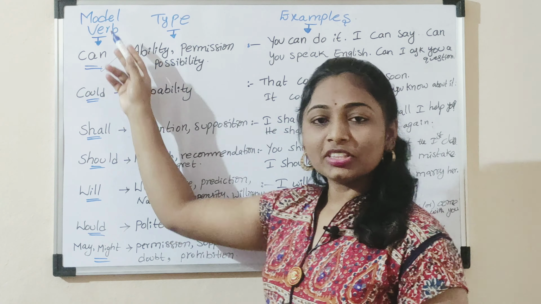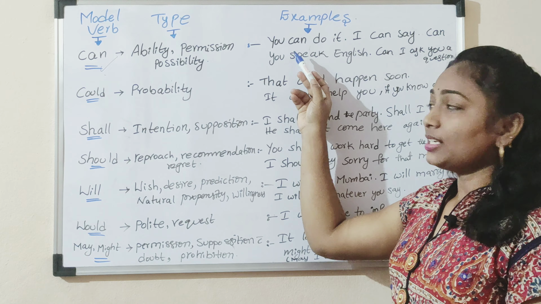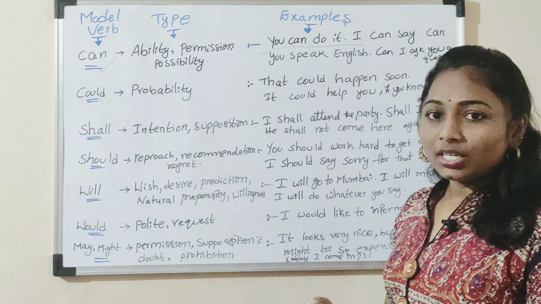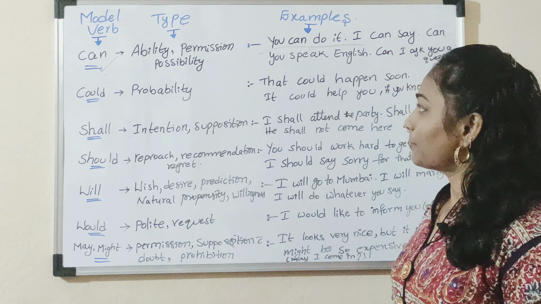Now let's start with the modal verb can. The different types of situations are ability, permission and possibility. Ability means a capacity, when you need to express a capacity for some work or something else. Permission, when you need to take permission, and possibility or chance. Here are the example sentences. You can do it, where the sentence itself tells about capacity or ability.